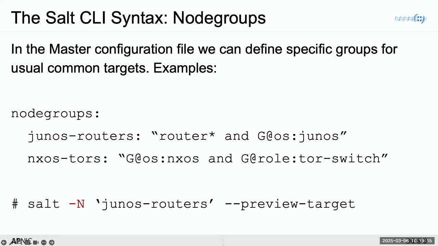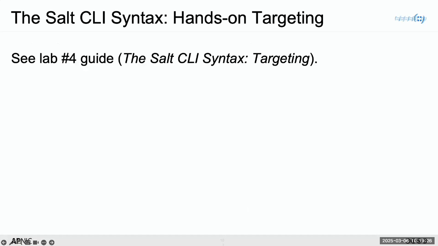So instead of specifying multiple selectors, we can just select the node group. Similarly, we have the guide for this on GitHub, which is lab 4. If we were doing the lab, we could follow it, but unfortunately we are not doing it.